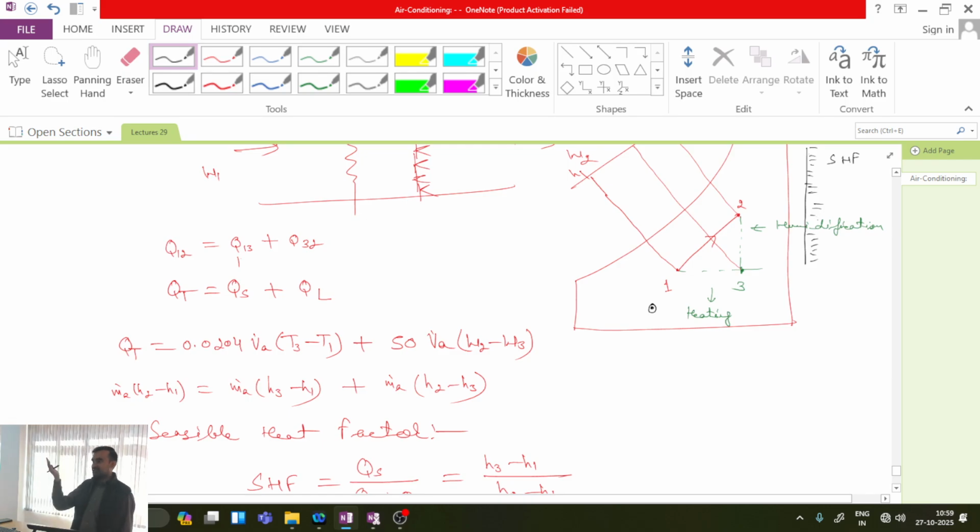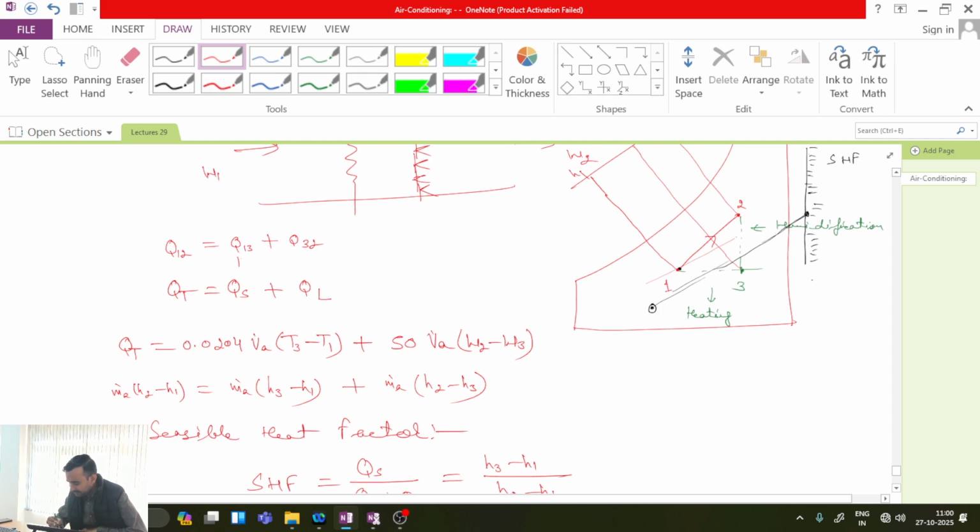Say for a process the sensible heat factor is already given to me. I will refer to the sensible heat factor scale. From that scale, from the given point to the alignment circle, I will draw a straight line. Is this one clear? And now, if my state 1 is given, and this is the value of sensible heat factor of the process, from state 1 I will draw a line parallel to this line.